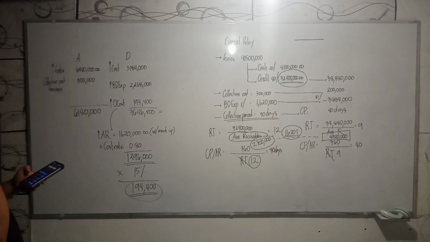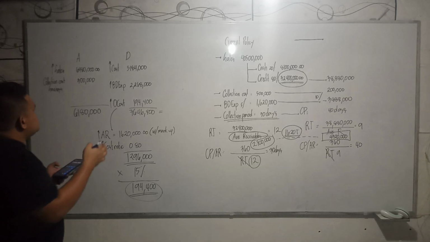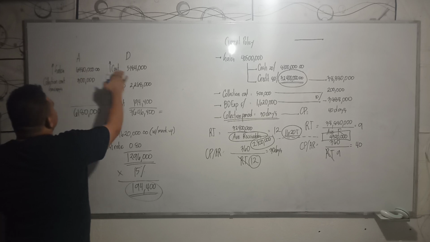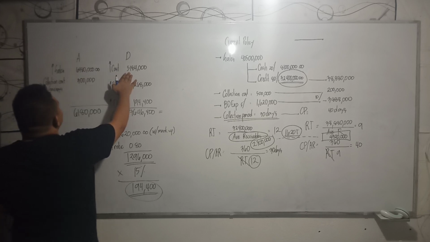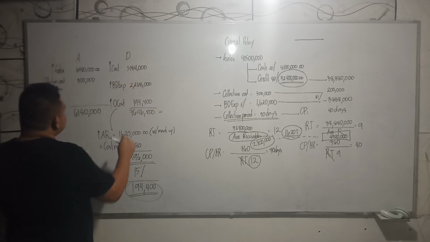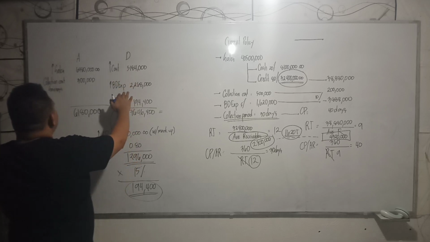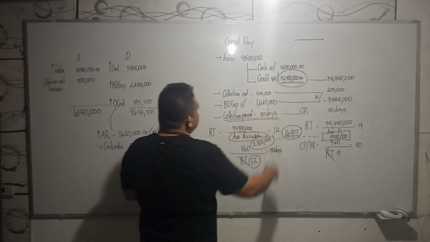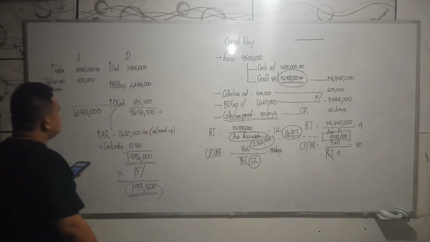It is maybe because of the higher cost ratio, which means even if you have sales of 6,480, the cost is also greater. It's 90%, it's 80%. So the markup is only very small. And the excessive bad debts expense, because from 1,620 it became 3,888.